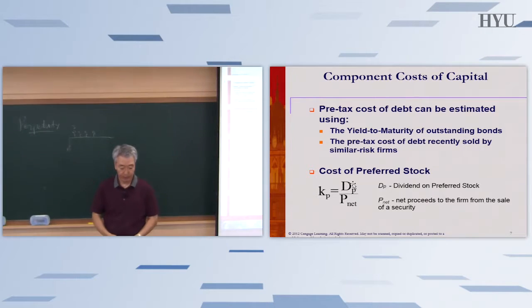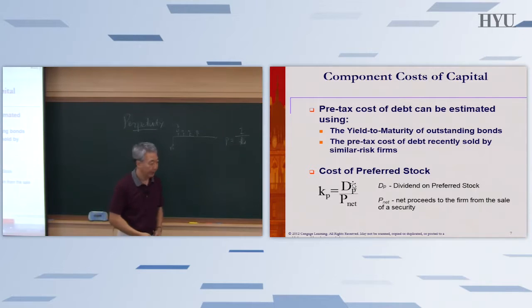Last semester, you learned how to evaluate a perpetuity. What's the value of a perpetuity? You still remember? What's the present value of a perpetuity? It is the coupon, or interest payment, divided by the interest rate, or discount rate.